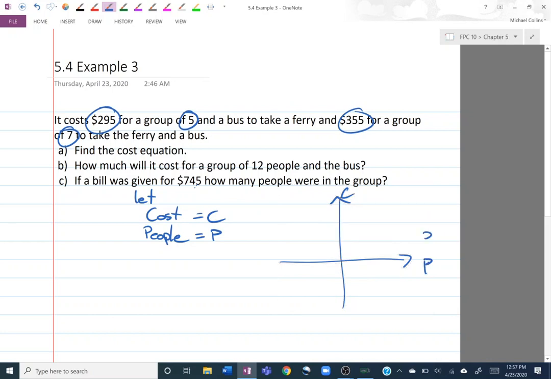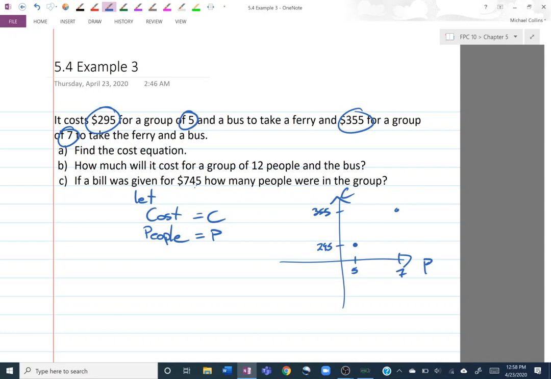C and P. So I've got one down here with a 5 and 295, and then another dot up here with a 7 and a 355. And this sketch doesn't take long. It doesn't have to be incredibly precise, but it gives me a general idea of what's going on.